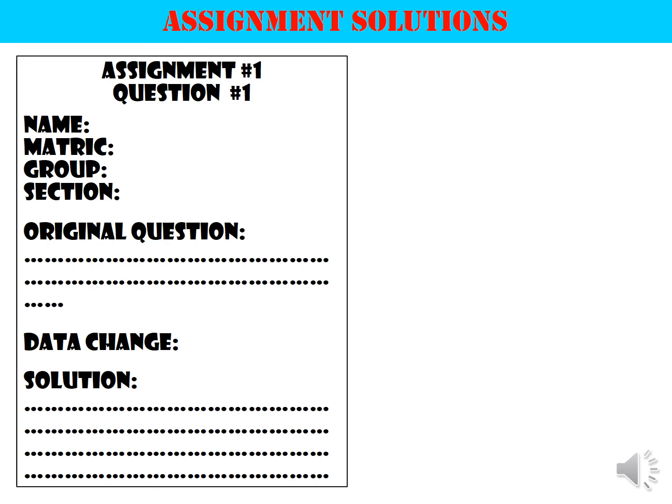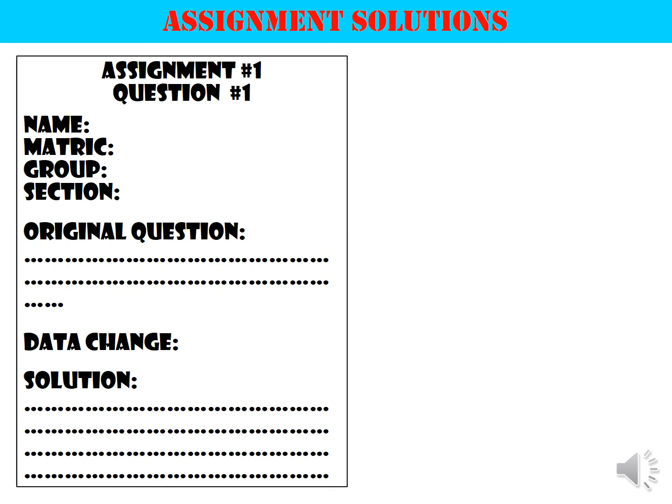For the assignment solution, in terms of format, you need to follow this format. You need to write the title, the question number, your name, your matric number, your group, and your section. You need to rewrite the original question in your solution, then state the data change they already decided for you, and then provide the solution for the question.